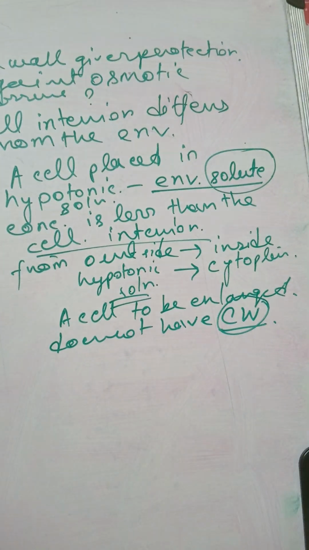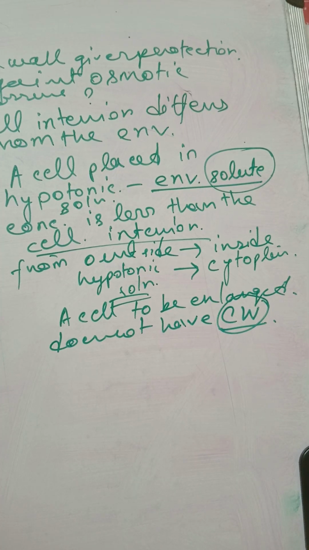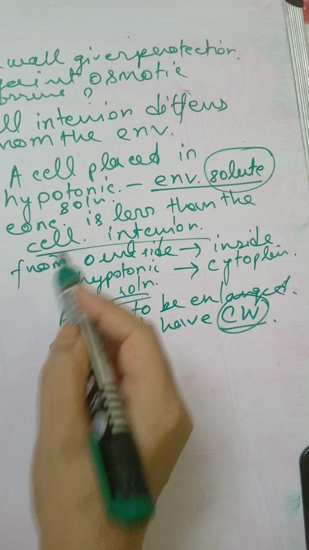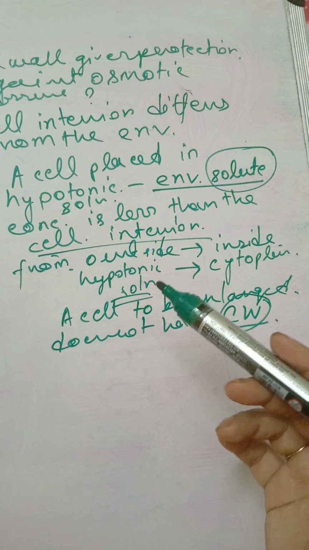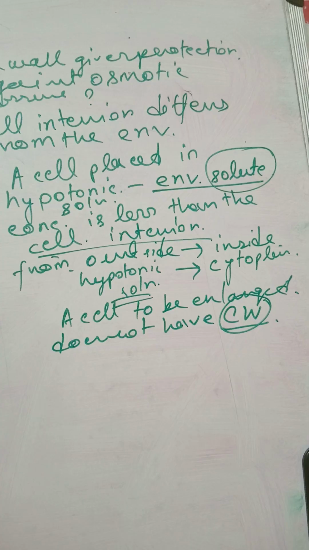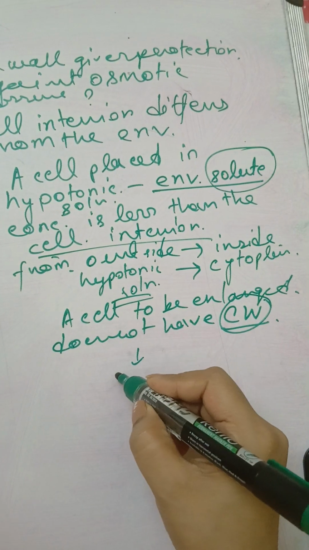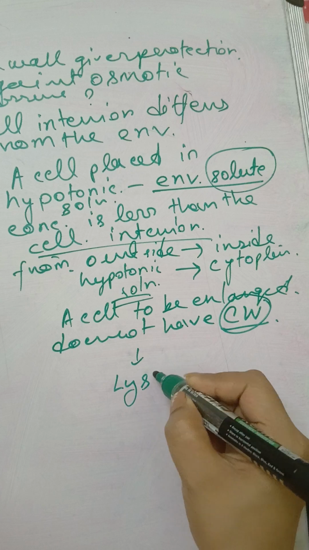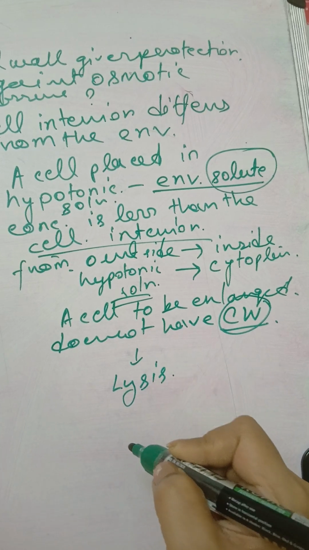Remember that a cell without a cell wall, if placed in a hypotonic solution, obviously more and more solute will be moved towards the cell cytoplasm, and that will cause the cell to be enlarged, and finally cell lysis occurs, okay.